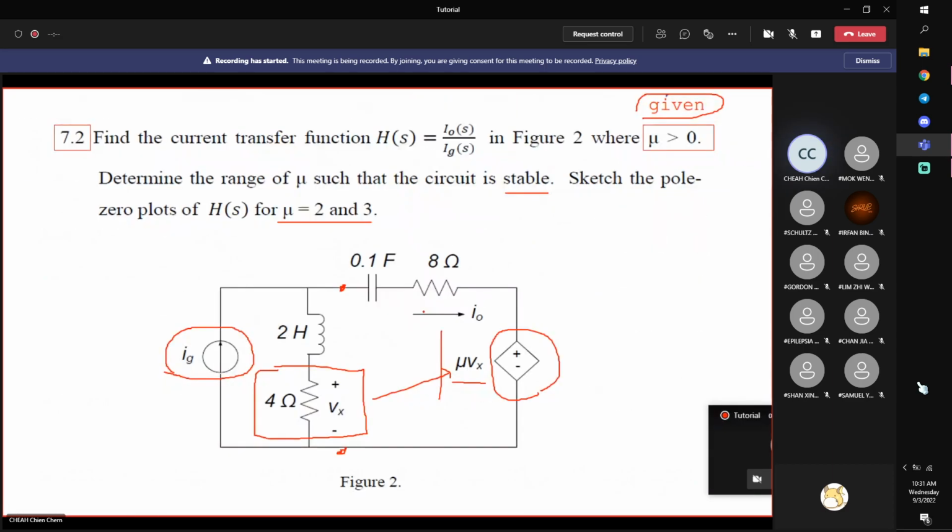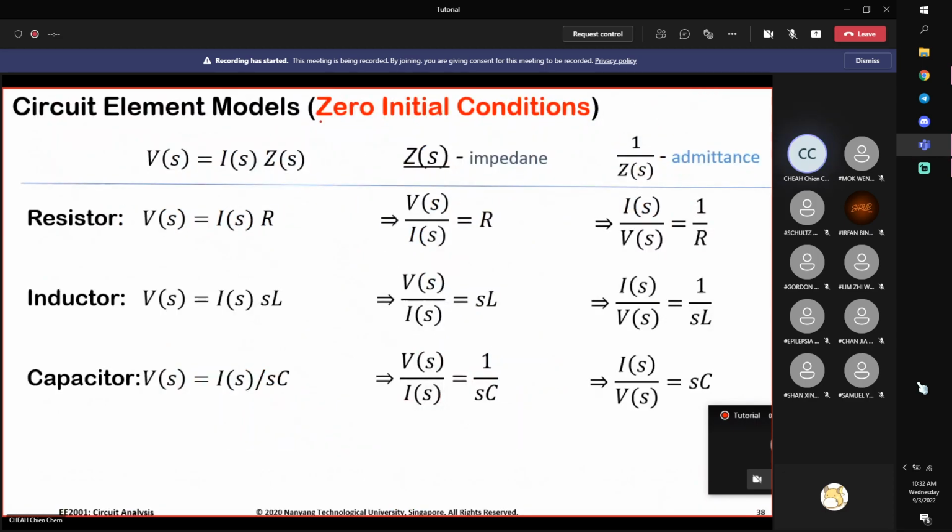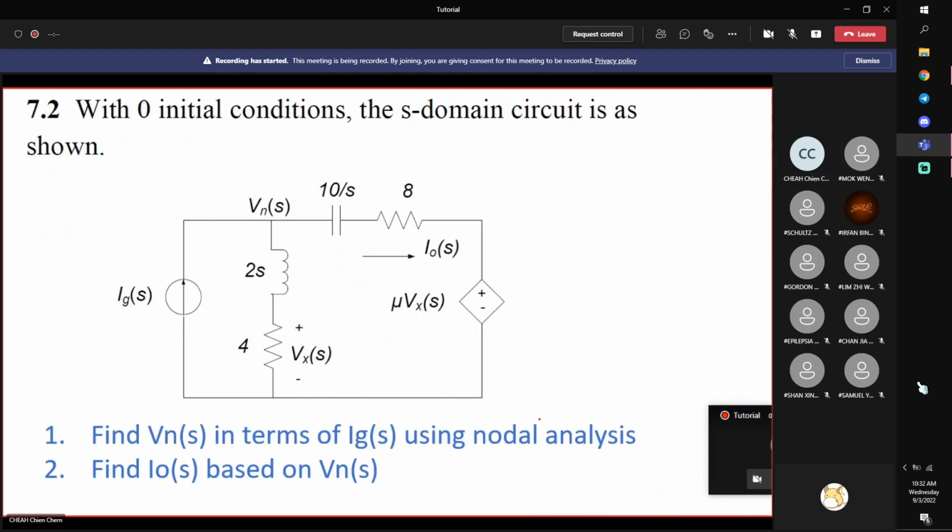Now, as I said, once you deal with transfer functions, always assume 0 initial conditions, which means the inductor converts to sL and the capacitor converts to 1 over sC. So my capacitor will be 1 over sC.